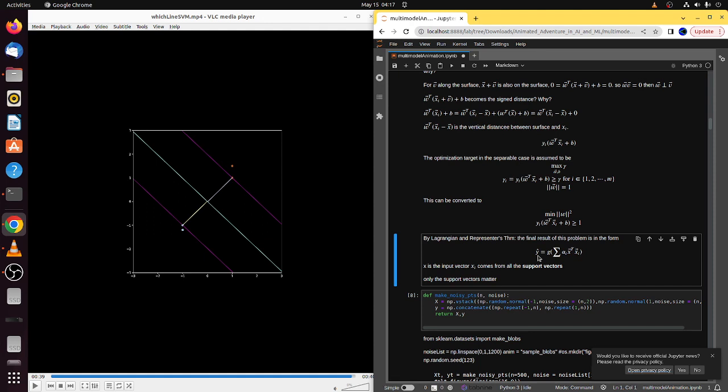Y hat is the predicted value of the new point, and this x here is the new x, meaning the new coordinate of the data point. Suppose I have a new point here. This function gives you a y hat, which is the value telling whether it belongs to the group of red points or the group of blue points.